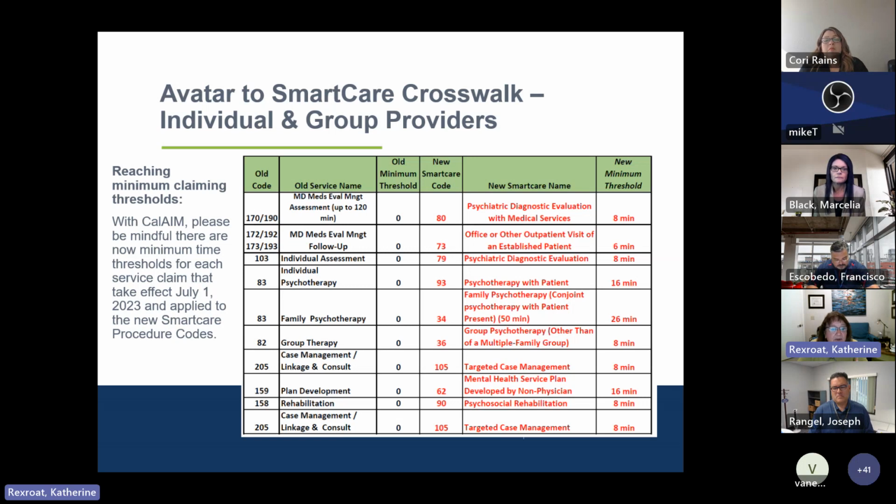For example, if you were going to claim for individual assessment, that is now 79, psychiatric diagnostic evaluation. It bills every 15 minutes. A unit of claiming is 15 minutes. You must reach a minimum of 51% or 8 minutes in order to claim for this service. We will be providing you with a copy of this table.